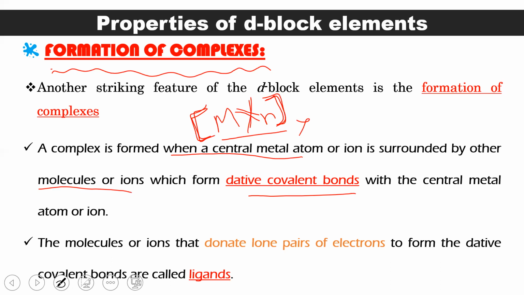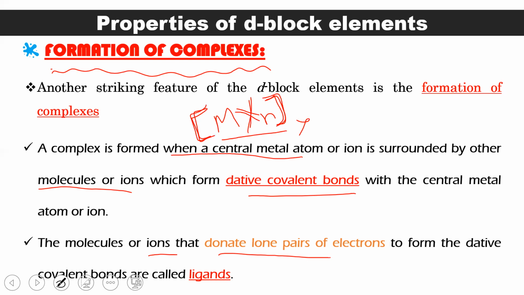Here, what is meant by the other word, ligand? Ligand means a molecule or ion that donates the lone pair of electrons to the metal ion to form the covalent bonds.